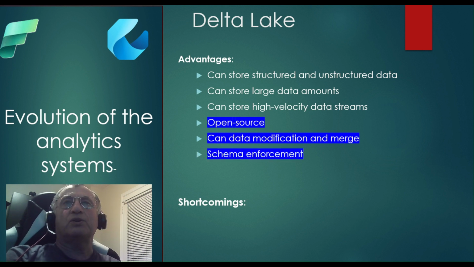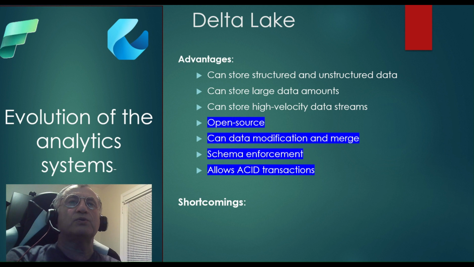Delta Lake also allowed schema enforcement. Now you could set a schema and ensure that all the data arriving complies with that schema. Finally, Delta Lake also allowed ACID transactions by taking care of data integrity and allowing some concurrency, ingestion concurrency.